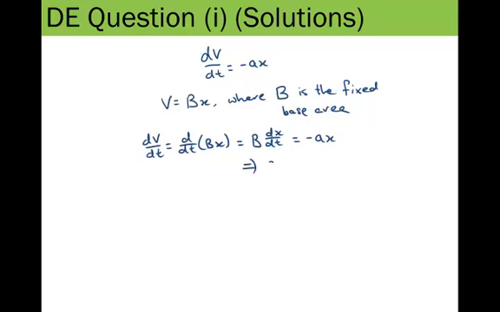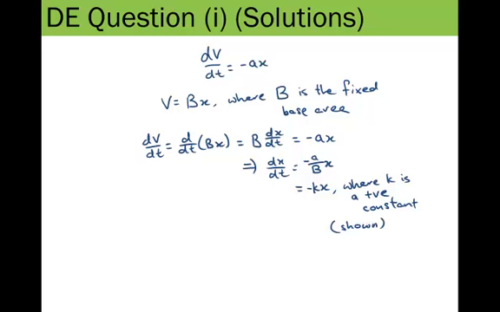So this implies that dx/dt is equal to negative a over b times x, which I can then write as negative kx, where k is a positive constant. The reason is that a is positive and the base area of a water tank has to be positive. So shown. So that's for part 1.